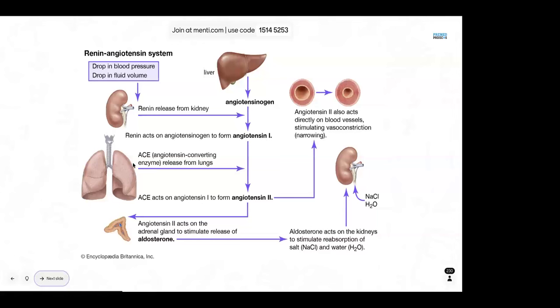Basically, an ACE inhibitor acts on this enzyme here called ACE, and it stops it from working. It inhibits this enzyme. So what does that mean? If you inhibit ACE, then angiotensin 1 doesn't get converted to angiotensin 2. So then you don't get the other effects. Does that make sense?